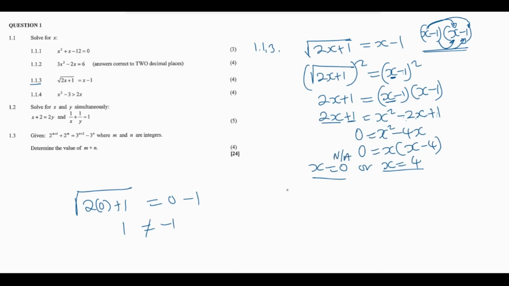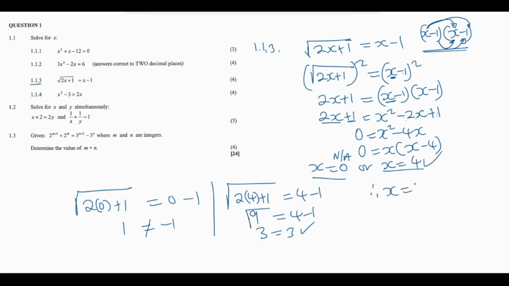Let's check 4. So square root of 2 times 4 plus 1 is equal to 4 minus 1. This is like square root of 9 is equal to 4 minus 1. Like 3 is equal to 3. So this is fine. So our answer, x is equal to 4.